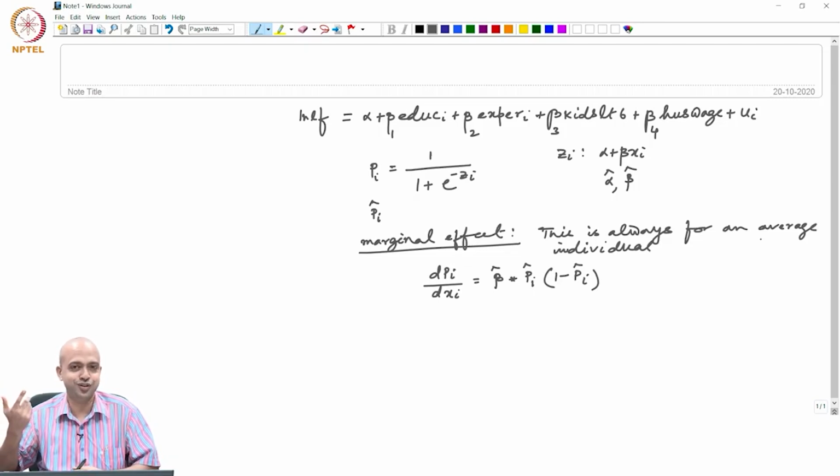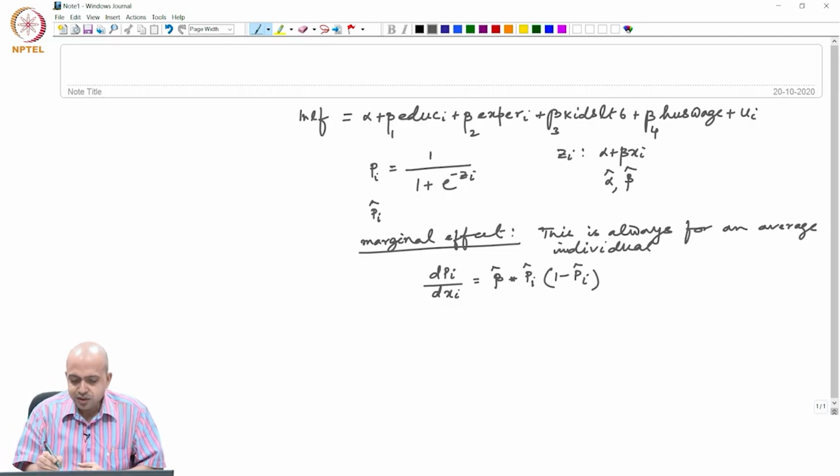It may so happen that by chance there is an individual whose number of kids, education and all other factors are at the sample average, which is quite unlikely. You may or may not get one, but the interpretation is always only for the average. That is applicable for the standard econometric model as well as in this case of the qualitative response model.